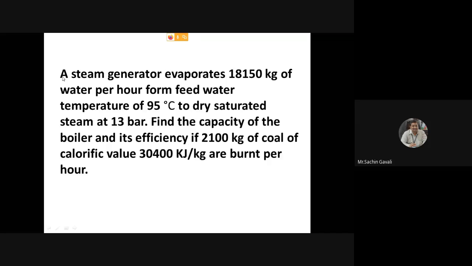Others are not replying. Sachin Sutar, are you in lecture? Are you solving? Any difficulty you are facing? Rishikesh Deshmukh, 17th roll number, solving? Any problem? No, sir. Okay, students are solving.